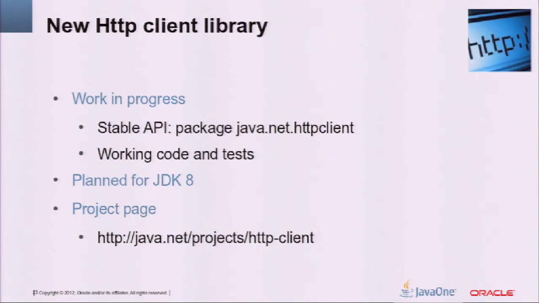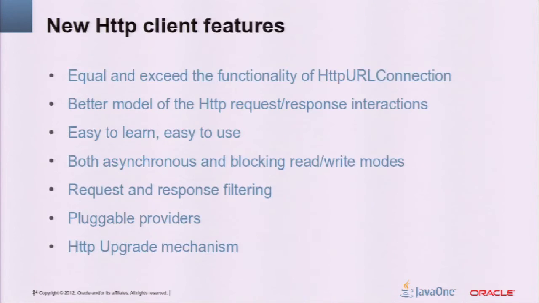And for those of you who want to download code and look at it, look at the API, see it working, see some of the test code and so on, there's the link there. We have a public java.net project for this. So the features are primarily to equal or exceed the functionality of the existing HttpURLConnection class, to better model request-response interactions, for it to be easy to learn and easy to use.